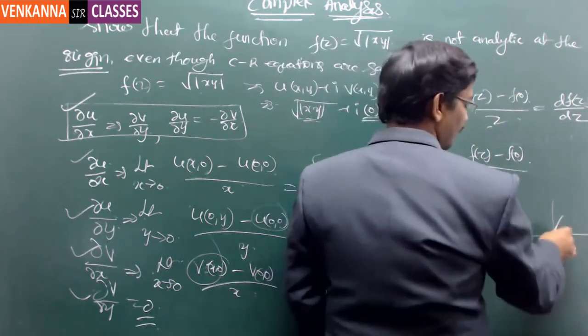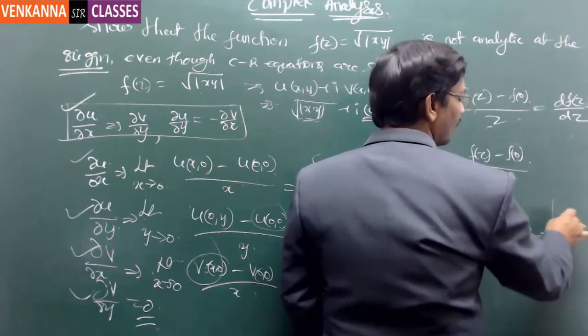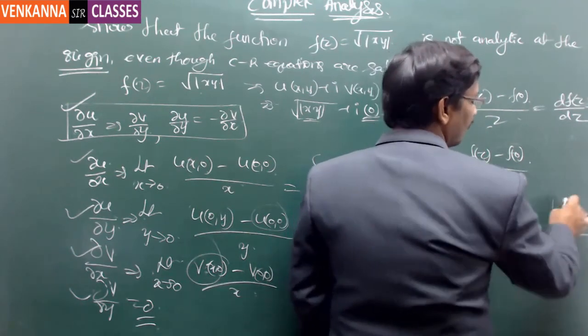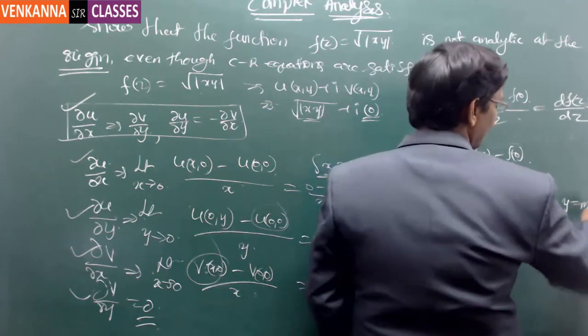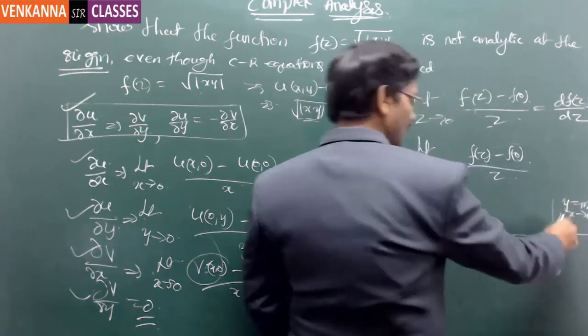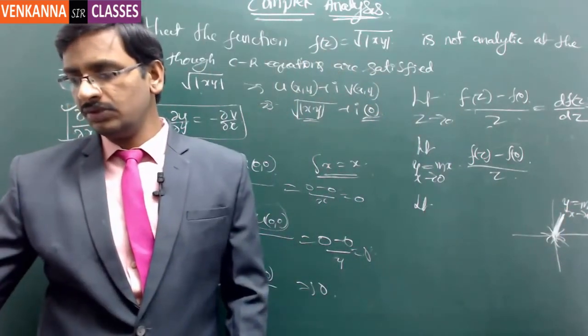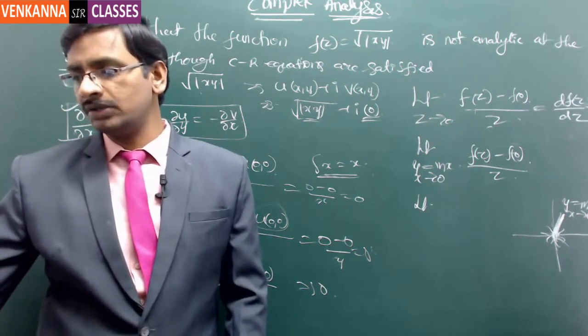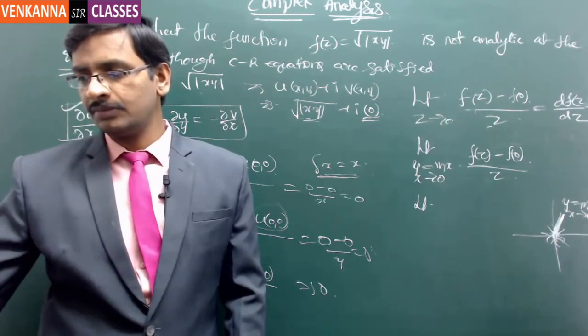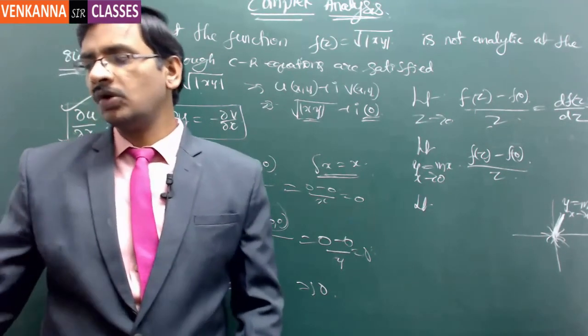Now this can be approached in all the different directions. One random direction I am considering is where y is equal to mx and x tends to 0. That means I am approaching the 0 value along the line. Got it or not? Do you have any questions? I hope you understood clearly. Yes or no? Can somebody confirm? I hope everybody is on pace.